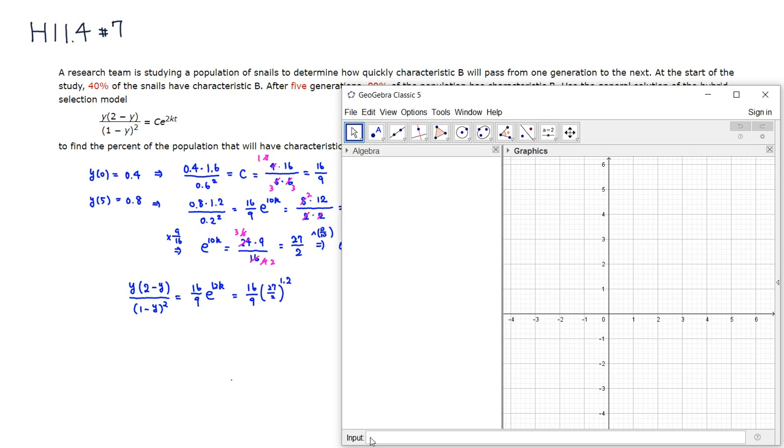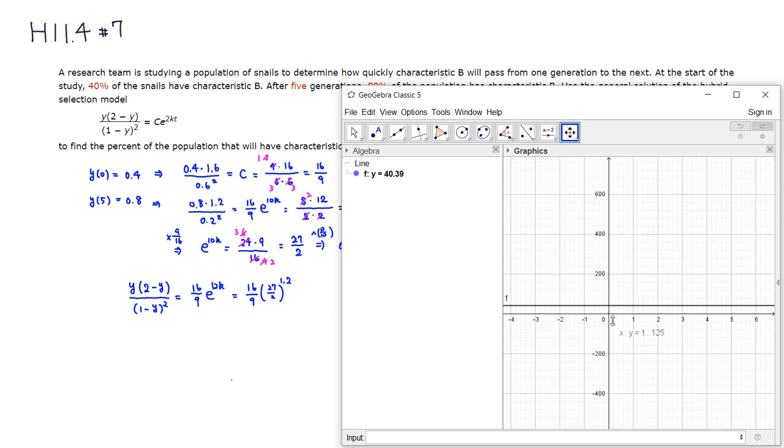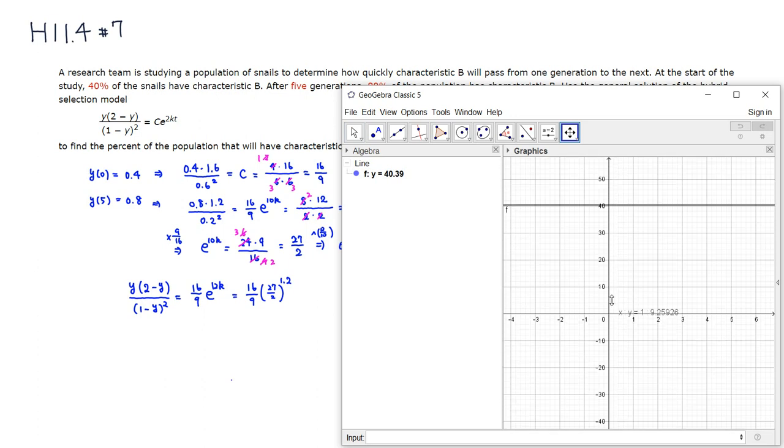So 16 over 9, and then you have 27 over 2 raised to the 1.2 power, right? So this will give us a horizontal line. So I'm going to shrink a little bit so that we can see it. All right, so that's where it is.